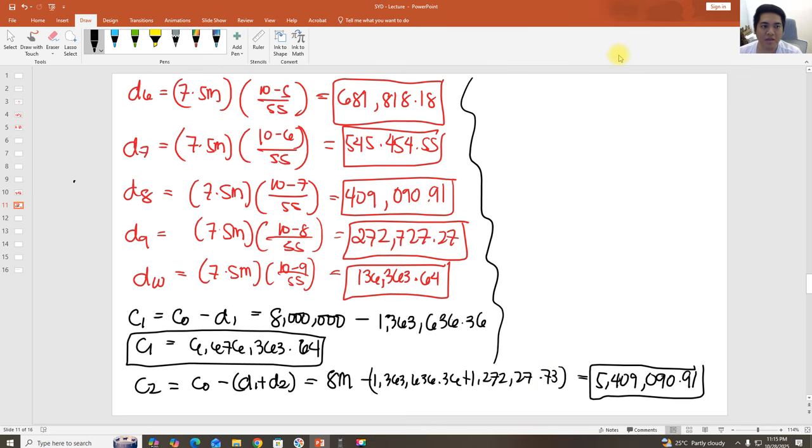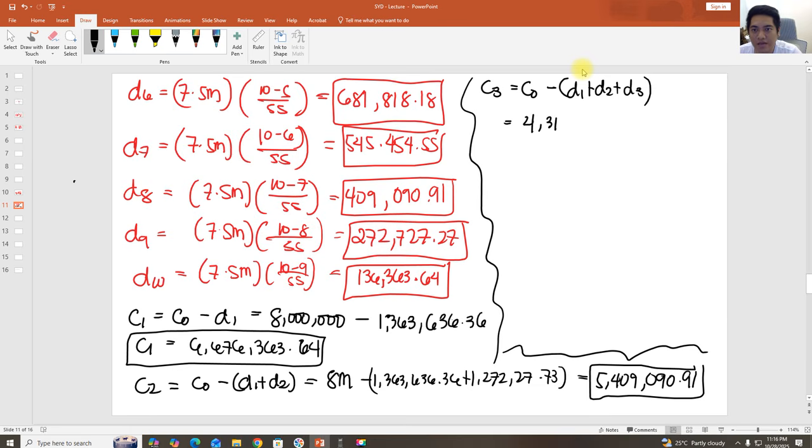I will not be writing the numbers anymore because it's too long, but I will leave you with the answers. So for our C3, the formula would be again C sub 0 minus the summation of D1, D2, and D3. You do that on your calculator. So your answer would be 4,318,181.82.